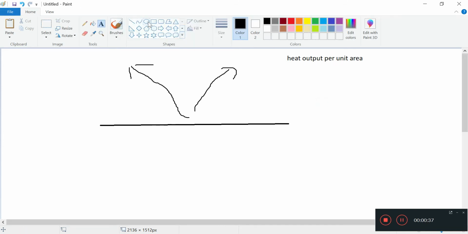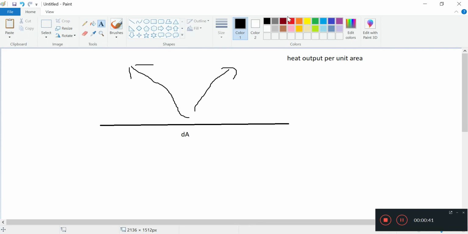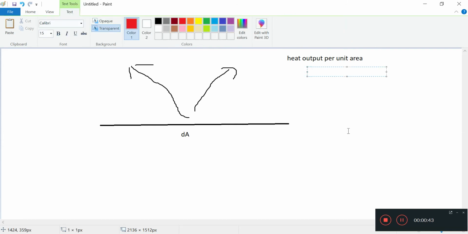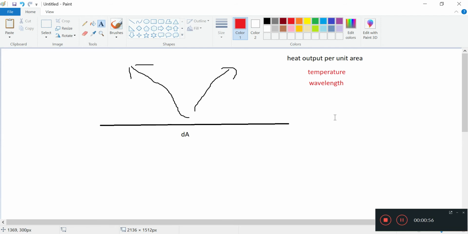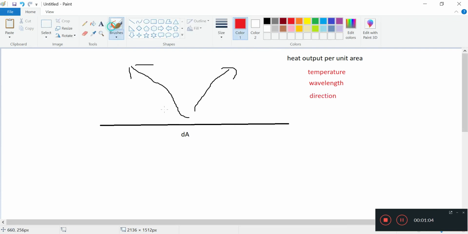So the heat output per unit area, where this is the area, is a function of temperature. It's also a function of, you can discretize it according to the wavelength, for example. And also we need to take into account the direction in a 3D kind of sense.